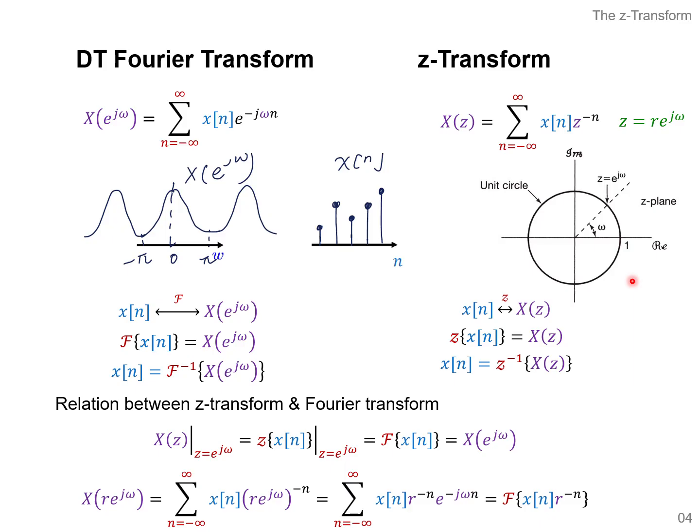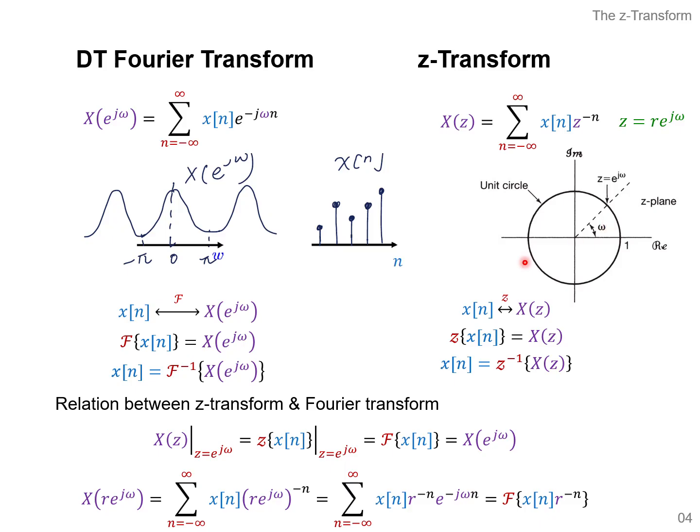The Z transform maps the signal into its Z domain form. This plane includes the unit circle Z equals e to the j omega. So the Z transform becomes the DTFT on the unit circle.